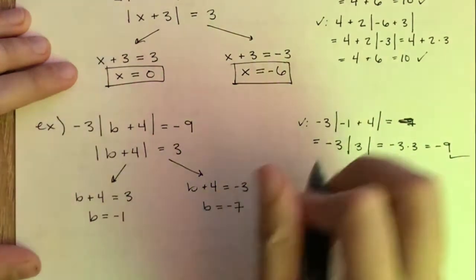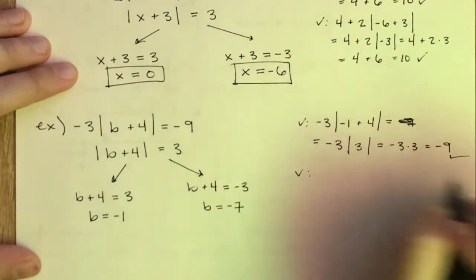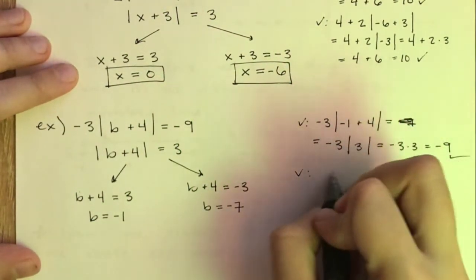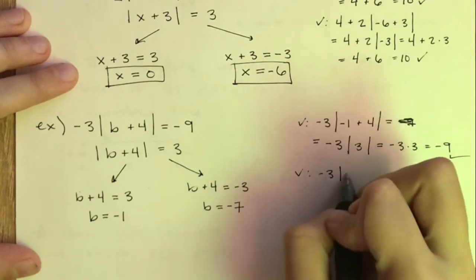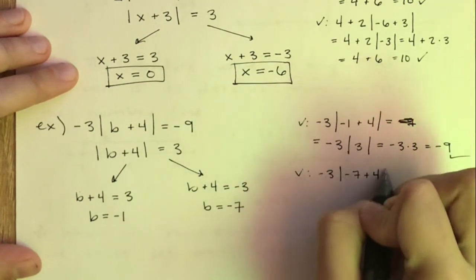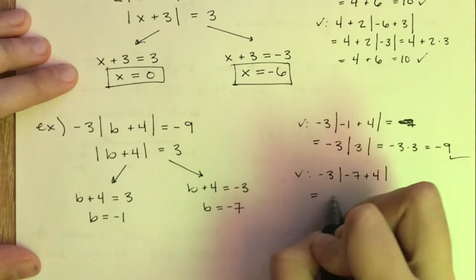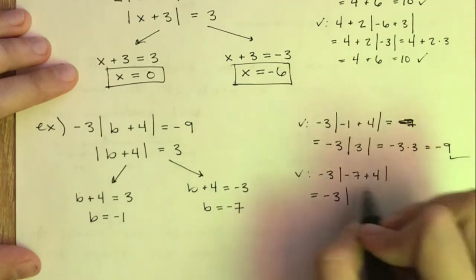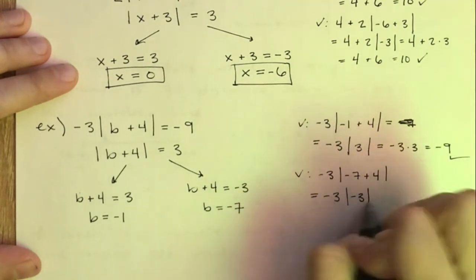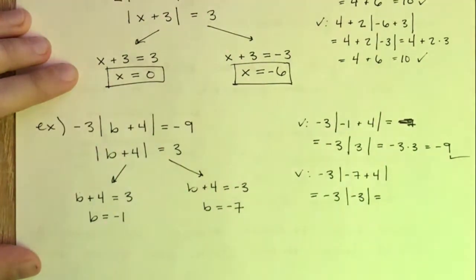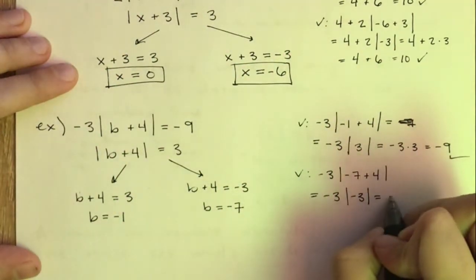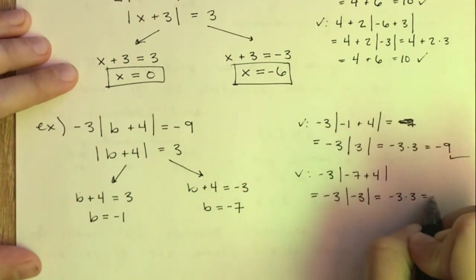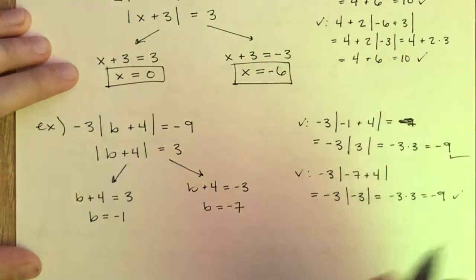So that checks out. Second one is negative 3 times the absolute value of negative 7 plus 4. We end up with negative 3 times the absolute value of negative 3. The absolute value of negative 3 is positive 3, so we end up with negative 9.